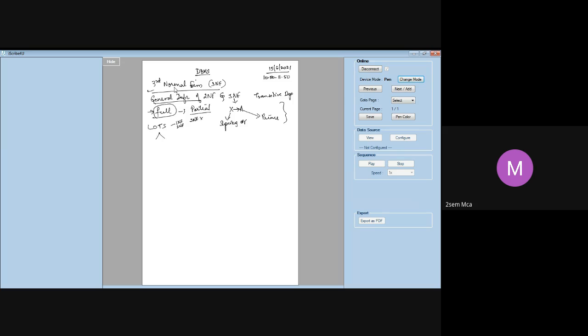So we decomposed it into Lots 1 and Lots 2. But again, Lots 1 was violating third normal form, so we divided it again into Lots 1A and Lots 1B. This is where I think we stopped in the last class. Any questions up till here before we proceed further?